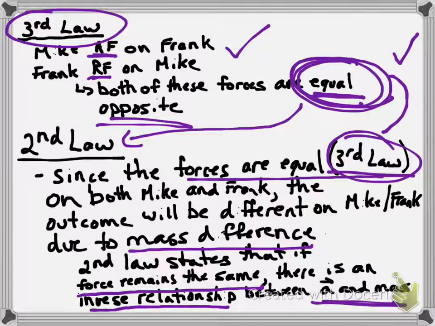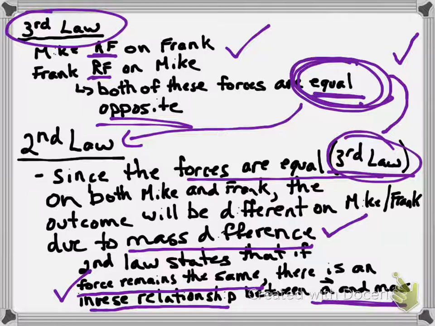You want to bring out the explanation that there's definitely a mass difference between the two objects, so between Mike and Frank. And then you want to state what that relationship is. It's an inverse relationship between mass and acceleration.